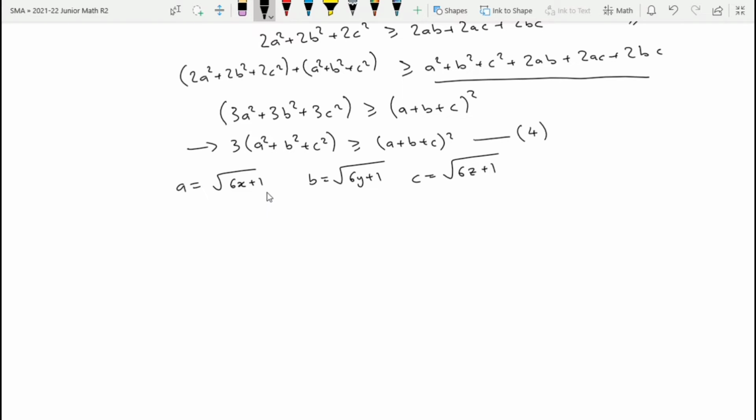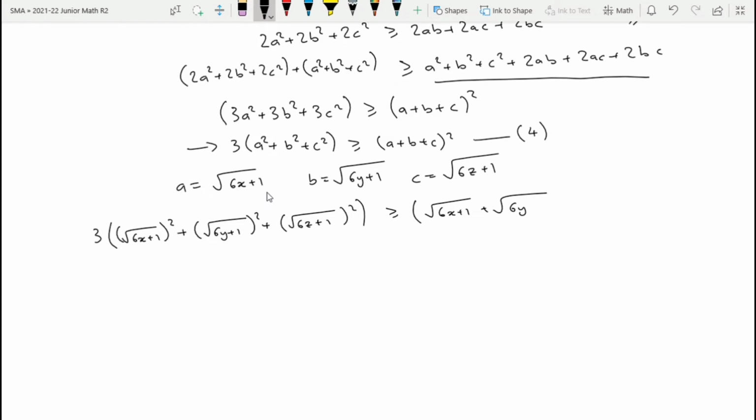Yes. So when we substitute these values of a, b, and c in inequality 4, we have that 3 into square root of 6x plus 1 squared plus square root of 6y plus 1 squared plus square root of 6z plus 1 squared is greater than or equal to square root of 6x plus 1 plus square root of 6y plus 1 plus square root of 6z plus 1 raised to power 2.